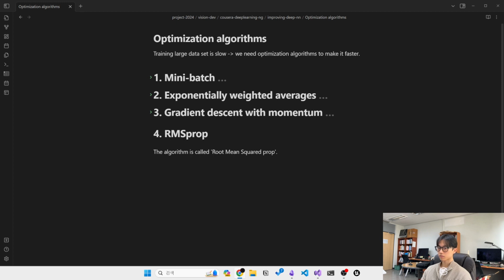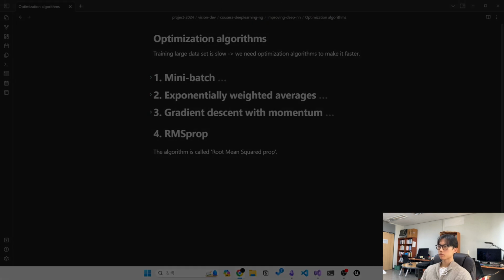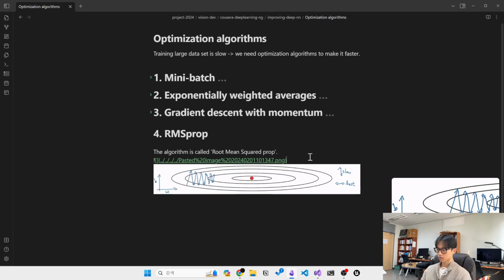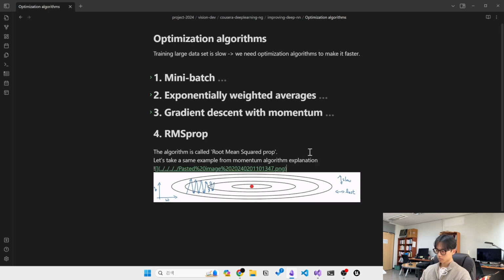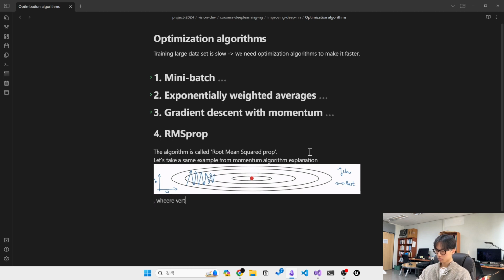On iteration t, it will compute, as usual, the derivatives dW, db on the current mini-batch.